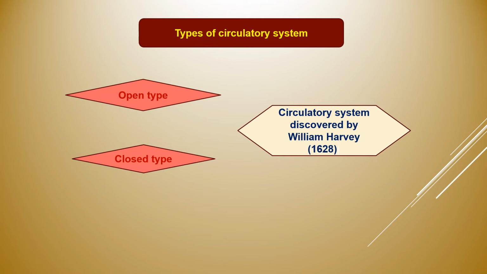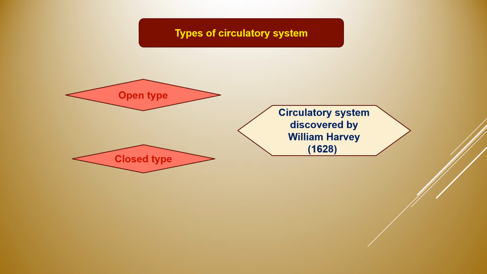The circulatory system was discovered by William Harvey in 1628. Before that, everyone thought the blood was stagnant in the body like a pond. After William Harvey's discovery, it was known that blood circulates over the body.